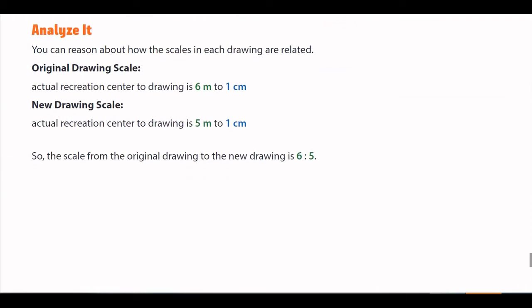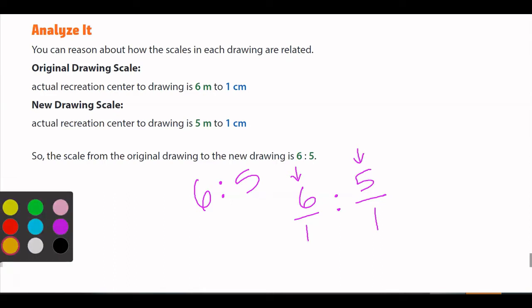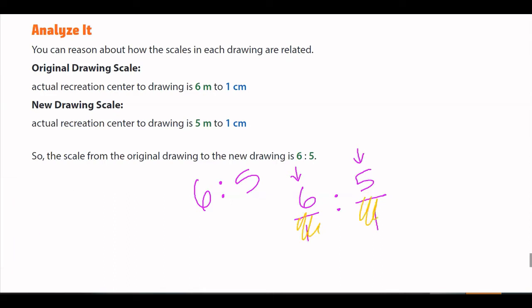That's clever. The scale from the original drawing to the new drawing is 6 centimeters to 5 centimeters, because it's 6 to 1 to 5 to 1. There's the original scale, and there's the new scale. But since it's fractions, you don't need the bottom. So it's 6 to 5, the ratio to each other.